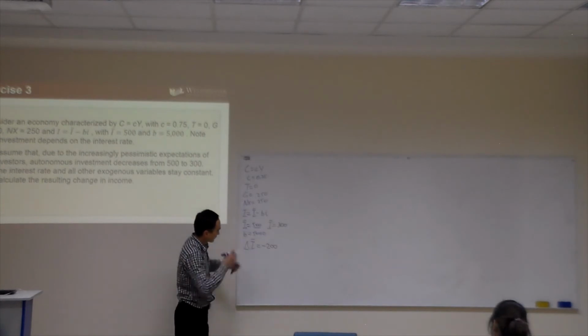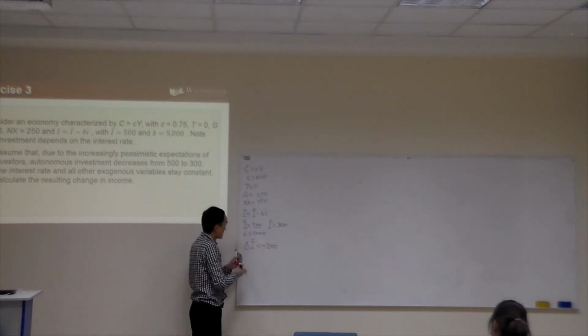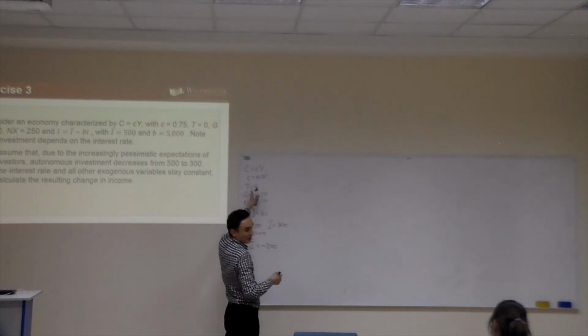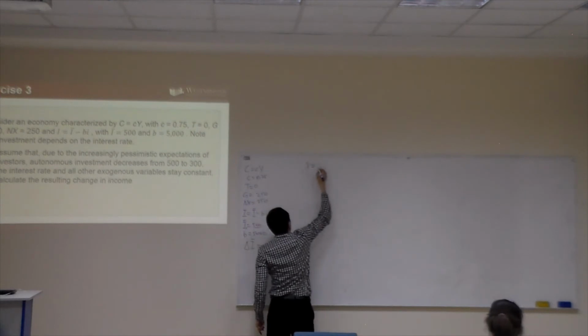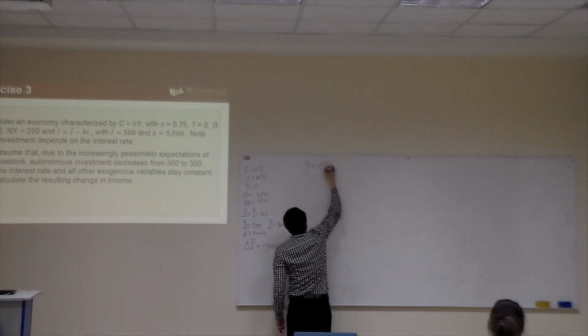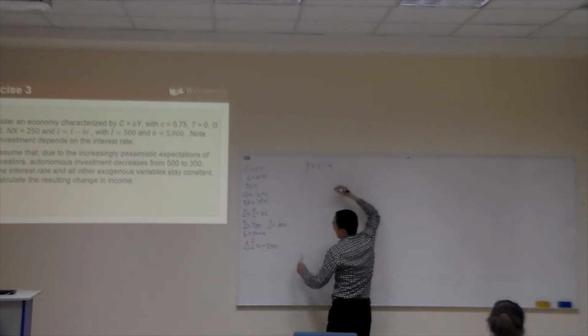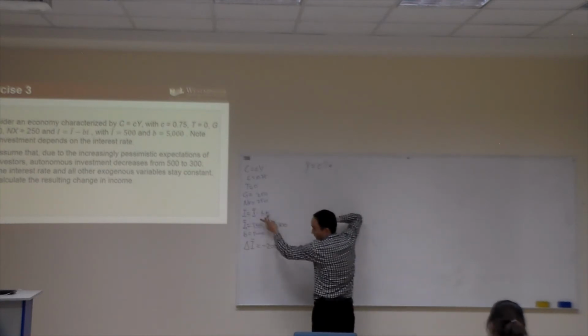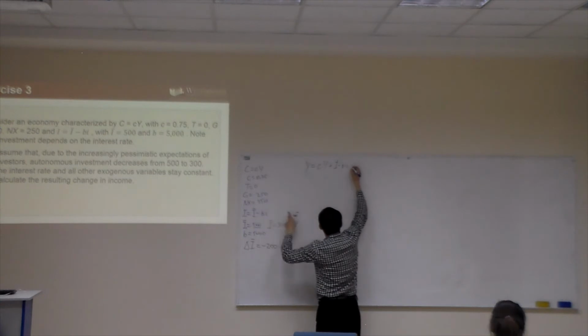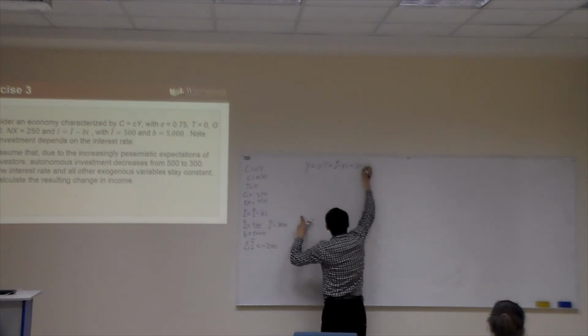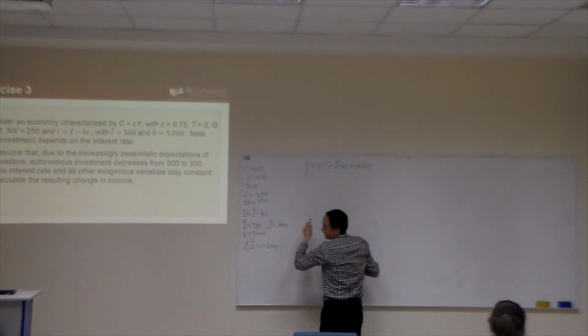Then let's write the aggregate expenditure function for this economy. Tax is 0, we can ignore it, so no disposable income issue. So now our Y is equal to marginal propensity to consume times Y plus investment, expressed as this function, autonomous investment minus interest rate term, plus government spending plus net export.